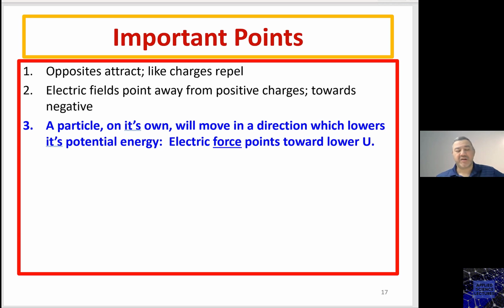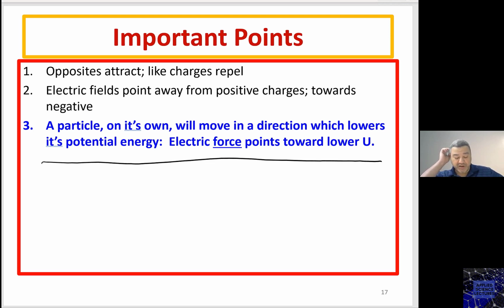If that charge is negative, then the force is in the opposite direction of the electric field. Now we have another point to add: a particle on its own, if you let it go in an electric field, will move in the direction which lowers its potential energy. Electric force, as we said, always points toward lower U.